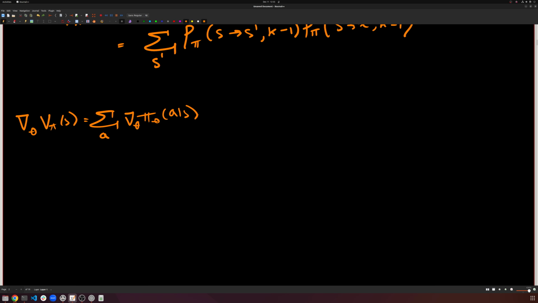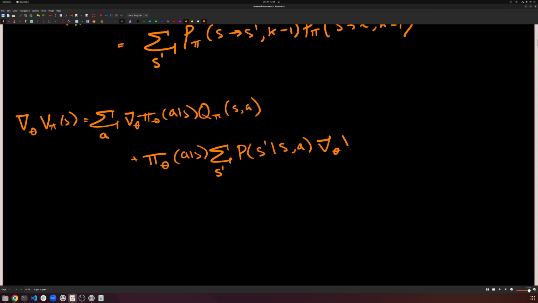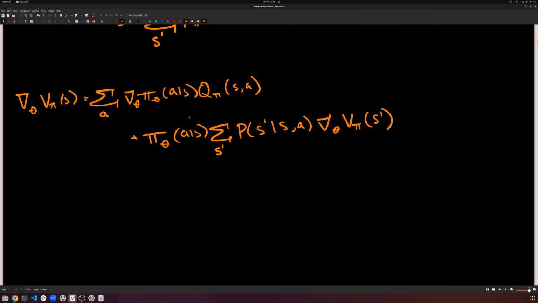Again, policy of action given state, and then we have our Q value of the policy of some state action pair, and then we had plus, and this was the thing we spent some time simplifying. We have, again, the policy of action given state, and then we had our sum over S prime, the next state, and it was the probability of S prime given S and A, and we had the derivative as well of the value function at S prime. And there we go. And so that was the expression, right?